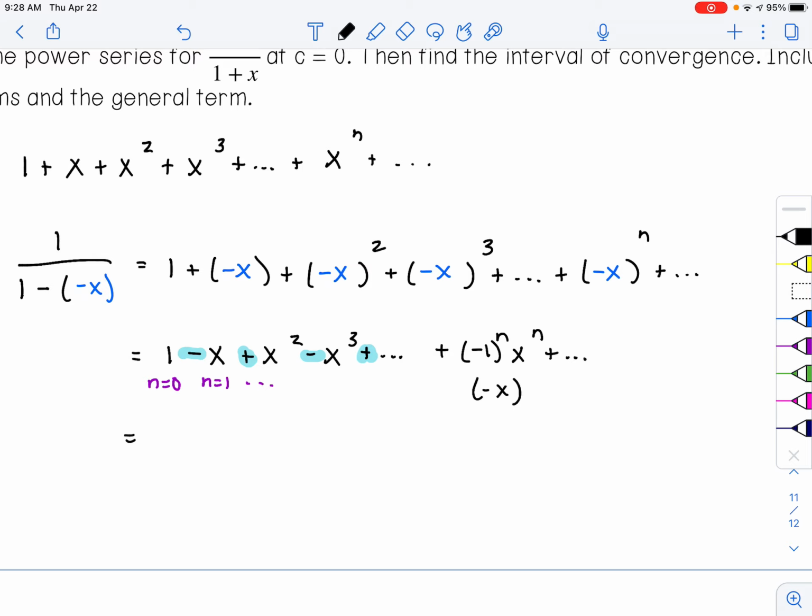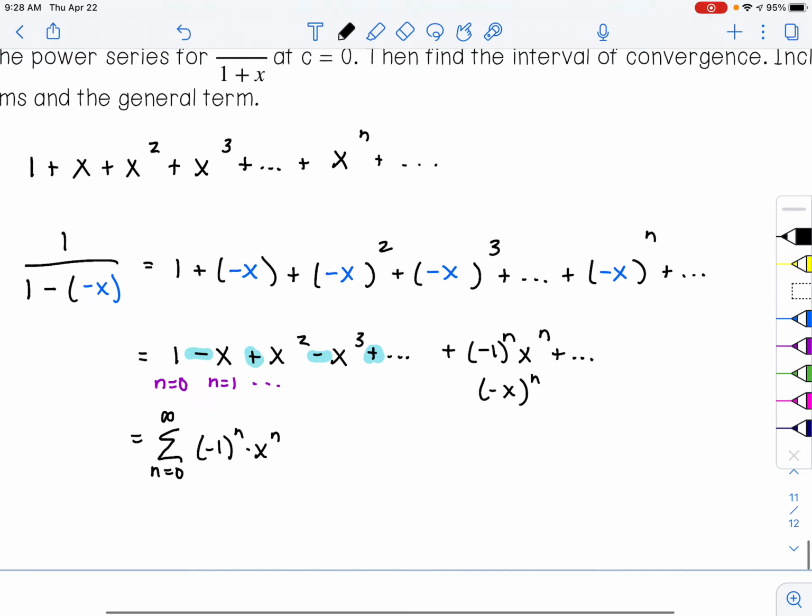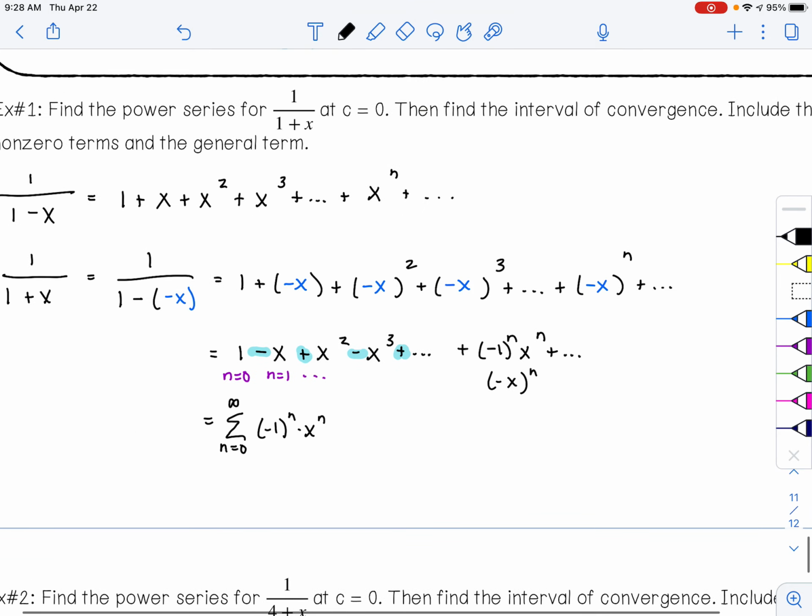Or you can just keep this as negative x to the n power. That works too. You don't have to split it out if you don't want to. So we can also write that as the summation from 0 to infinity of negative 1 to the n times x to the n. I'm just going to write it like that because sometimes it's nicer to have the alternator split away. The question also asks us to find the interval of convergence.